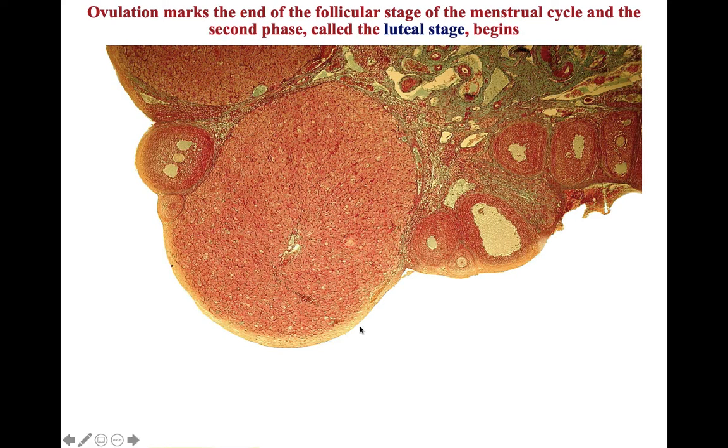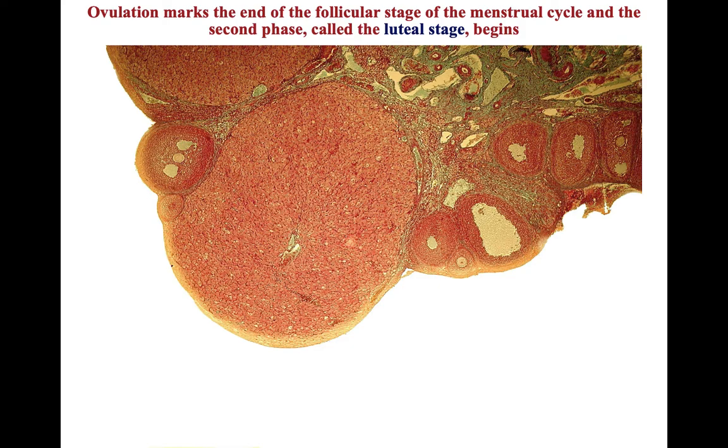So what happens next? Well, that ruptured Graafian follicle is going to turn into the next structure, which is called the corpus luteum. And this structure is again really important because it produces a hormone called progesterone.